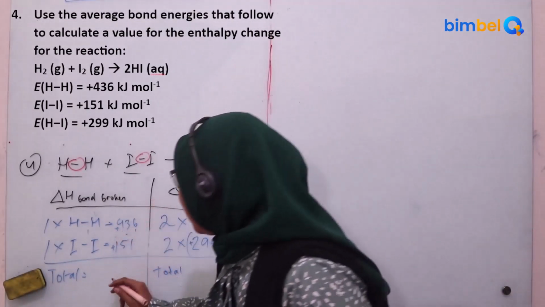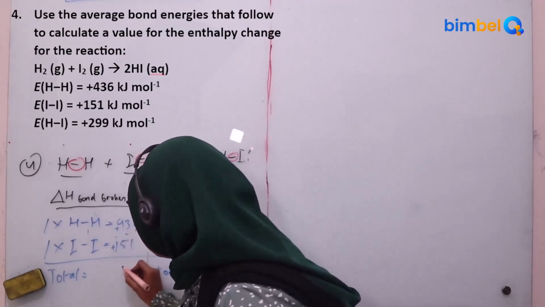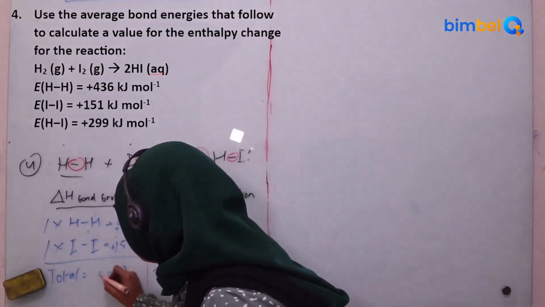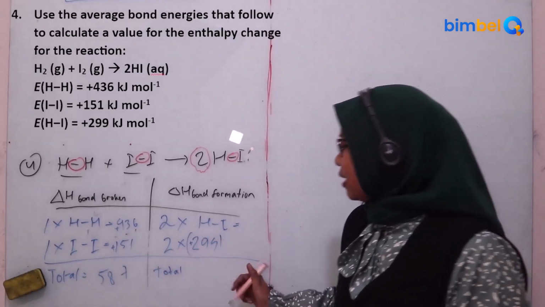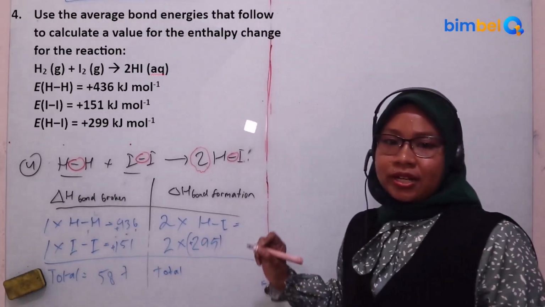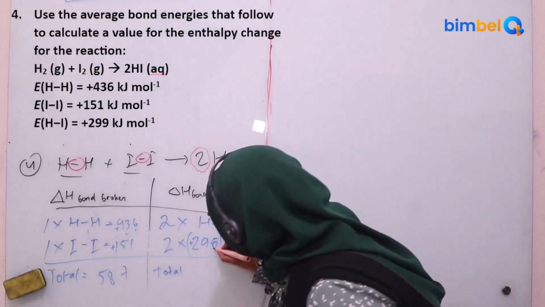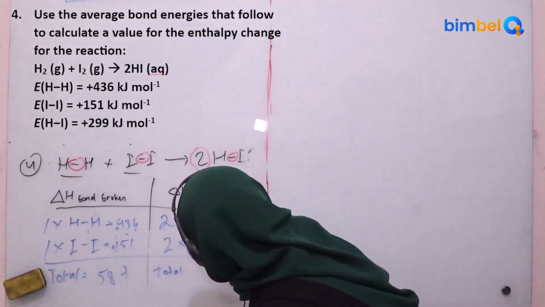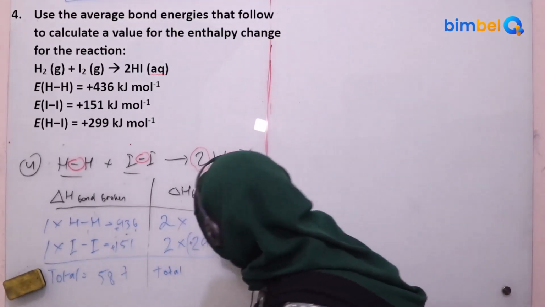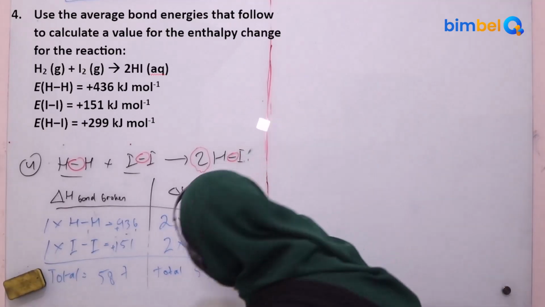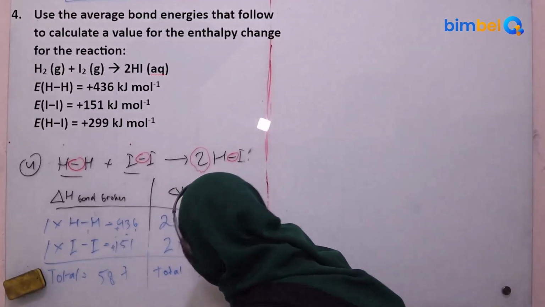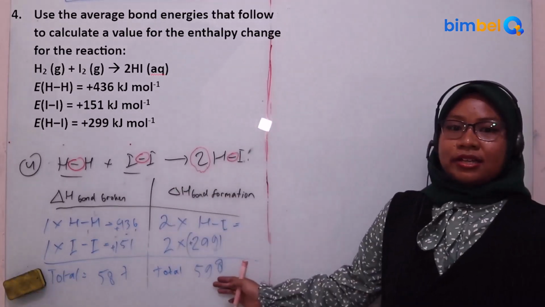436 plus 151 means 587. And then for this one, 2 times 299, which is 598.